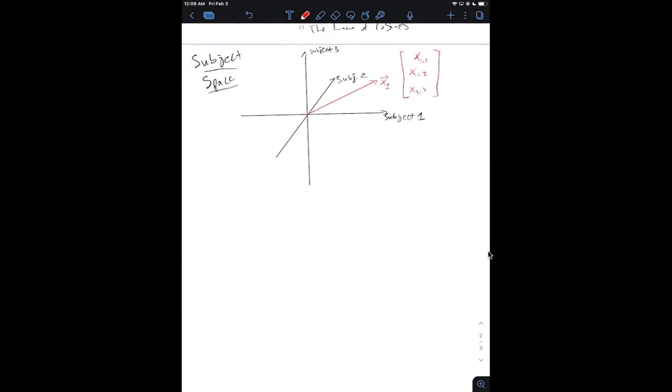So you can think about writing out the vector as basically this list of coordinates. x1 would be defined by subject 1's score on the variable, and then subject 2's score on the variable, and then subject 3's score on the variable. These are scores on a variable, but also coordinates in 3-dimensional space.